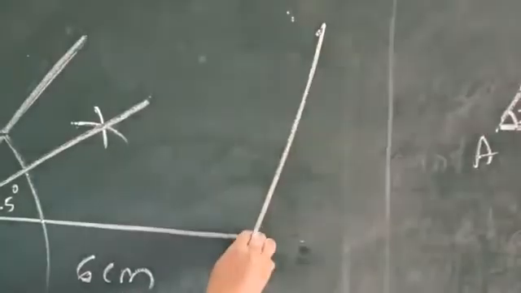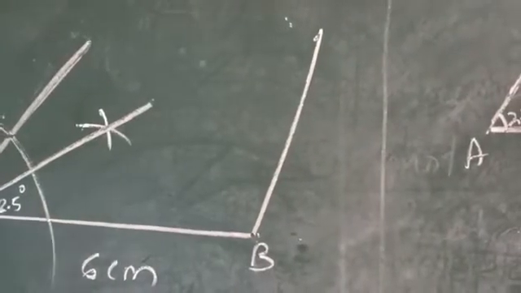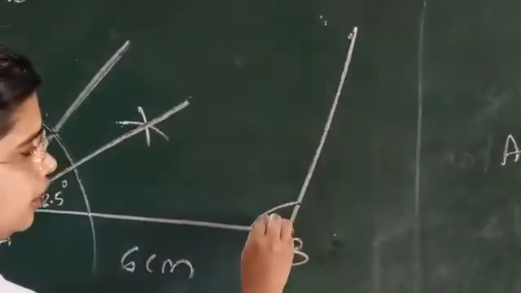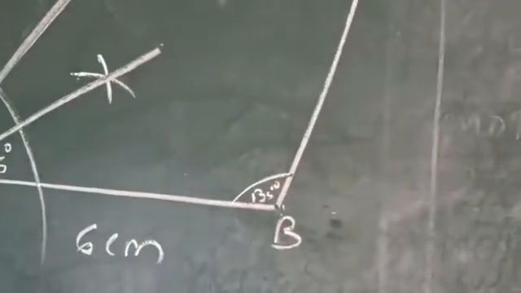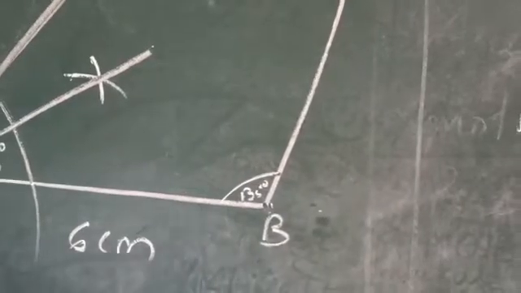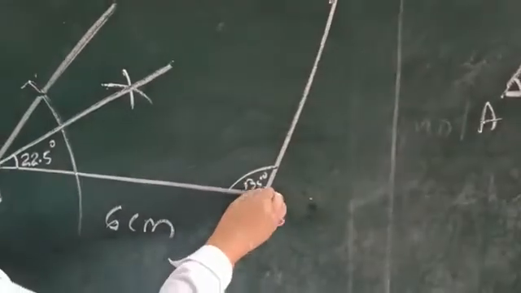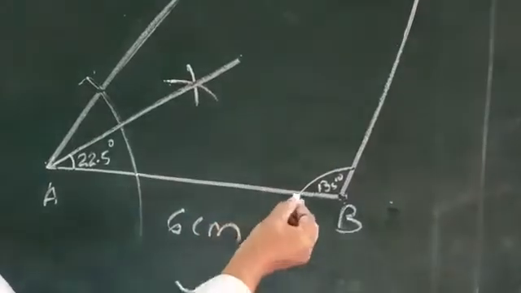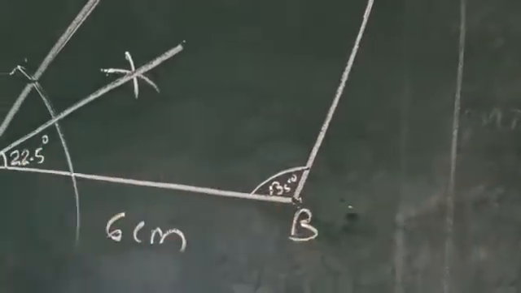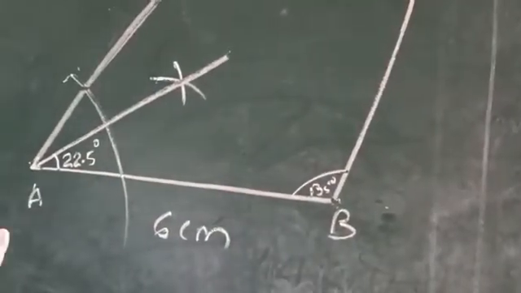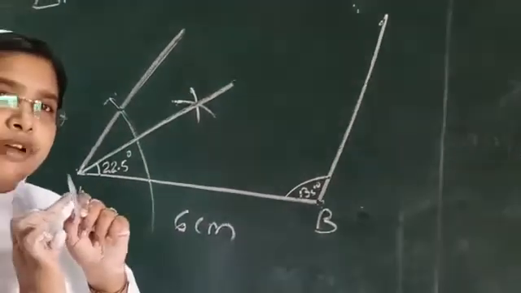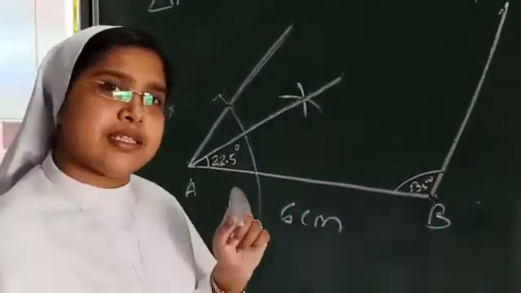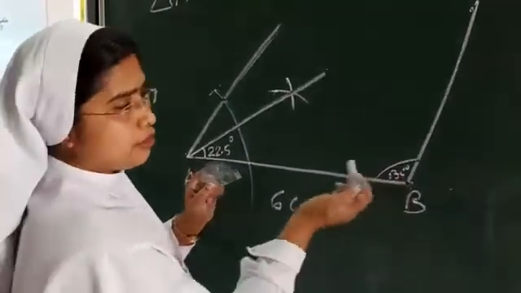So the arc will be like this of 135 degree. Okay, is it clear to you? Now, in order to draw angle B, you have taken 135 because what is given to us is 67.5. So we can't get 67.5 in the protractor. So I am taking double of that one and I have drawn.